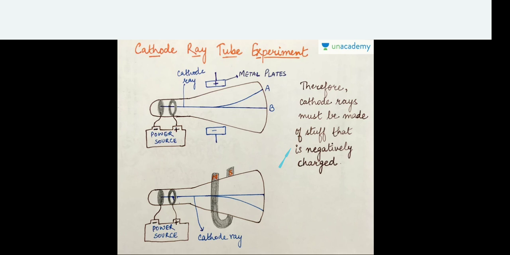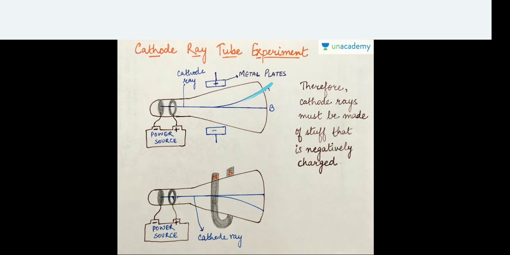This side of the metal plate is positively charged and the other side is negatively charged. As soon as these metal plates were introduced, the cathode ray, instead of moving in a straight line, shifted towards the point A. That is, it started bending towards the positive side.